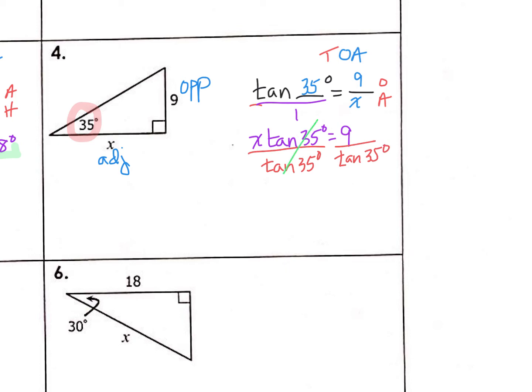So the tangent of 35s cancel, and then what you are putting into your calculator is this. All right, so that goes into your TI, so please try that. So pause the video and try putting that into your calculator. If you take 9 and divide it by the tangent of 35, you should get approximately 12.9. If you don't, ask me for help and I can figure out what you're doing wrong.